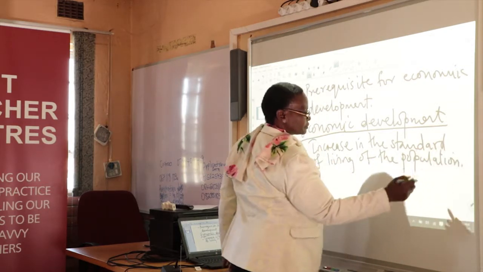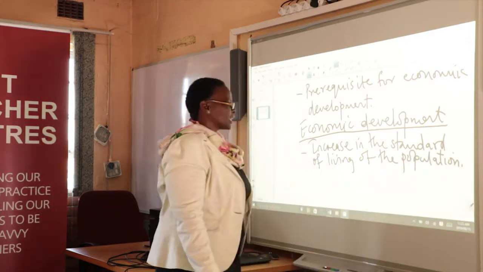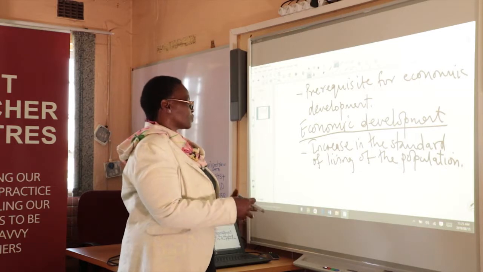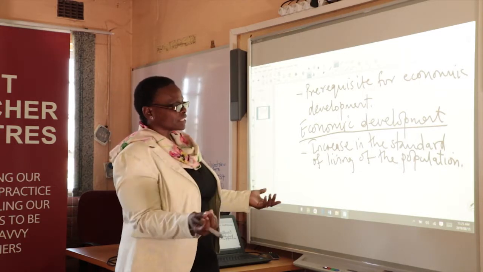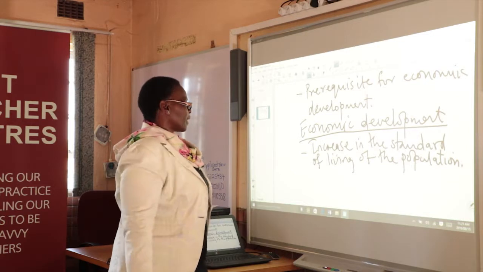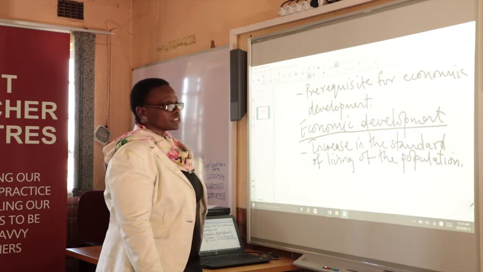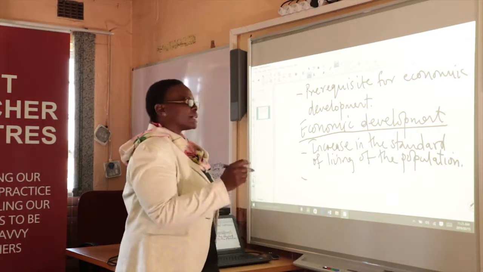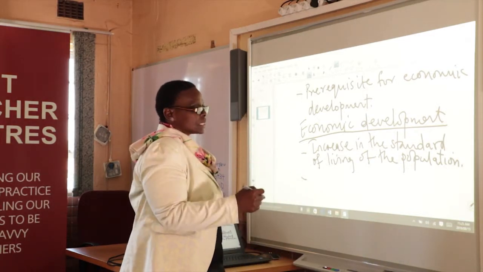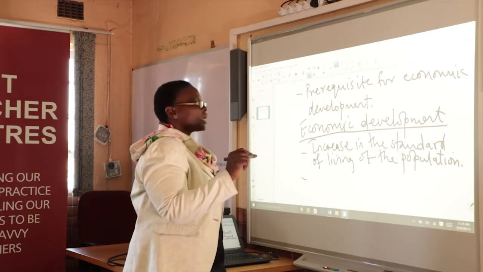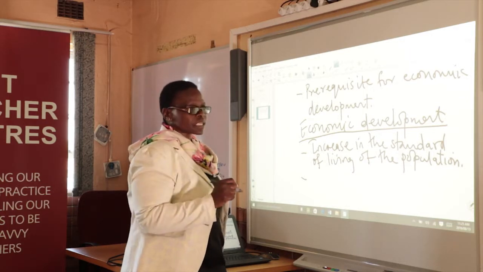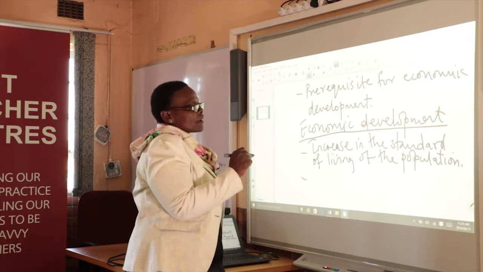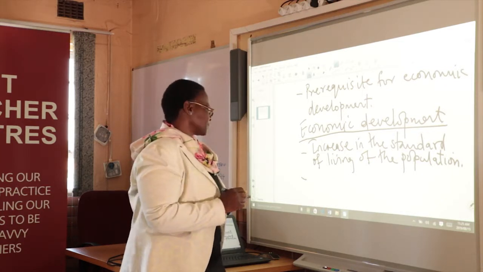Now, what do we mean by the standard of living? The standard of living would refer to, for example, the goods and services that each citizen in the country enjoys. As we say, it is measured in terms of real GDP per capita. In other words, we take the real GDP and we divide by the population size to get the average, to see what is the income per head in the population.